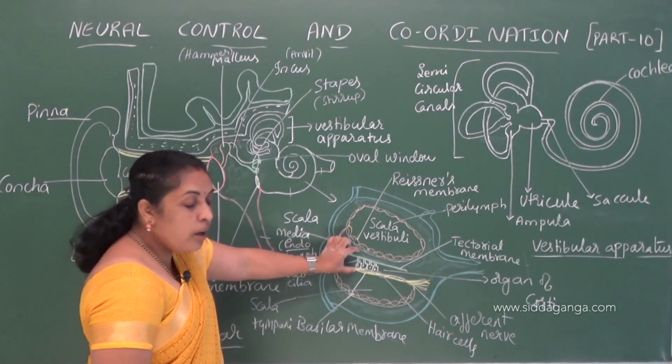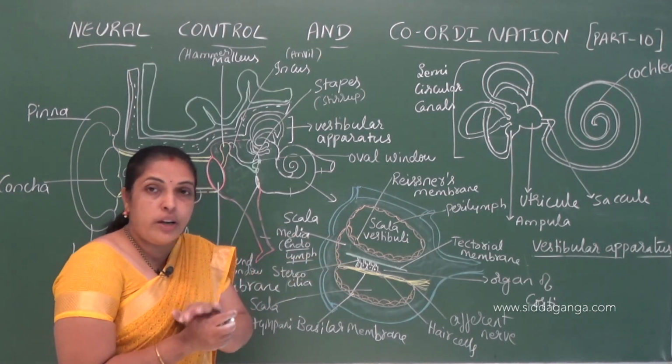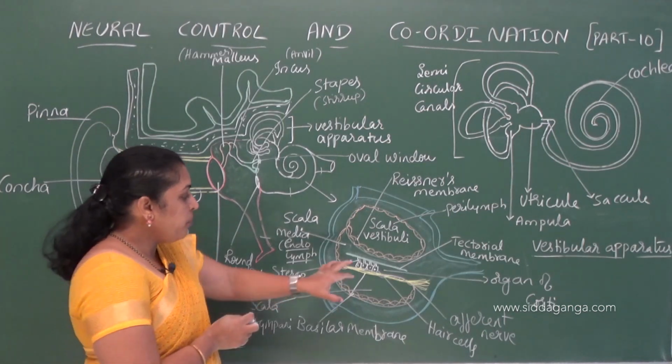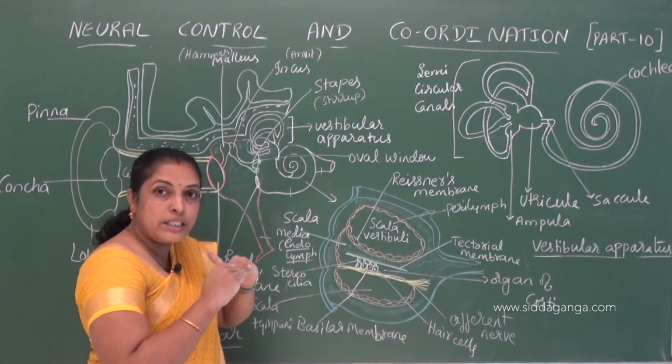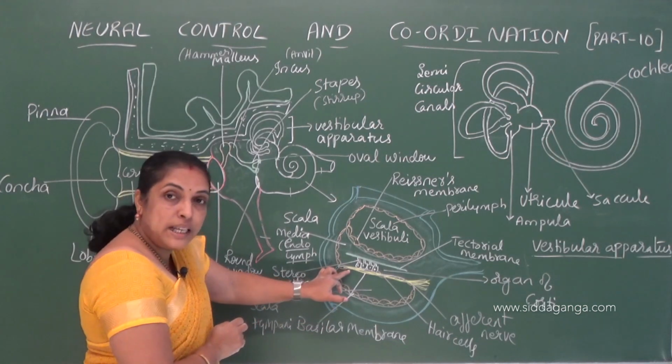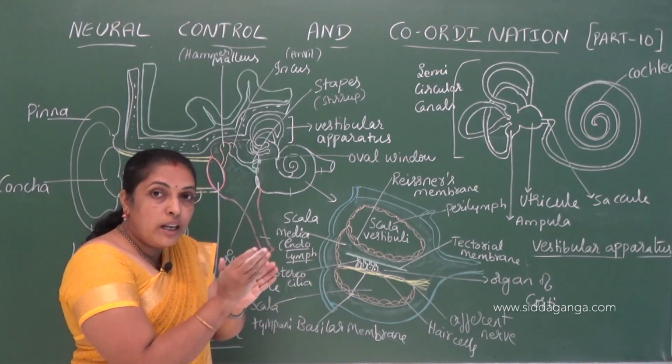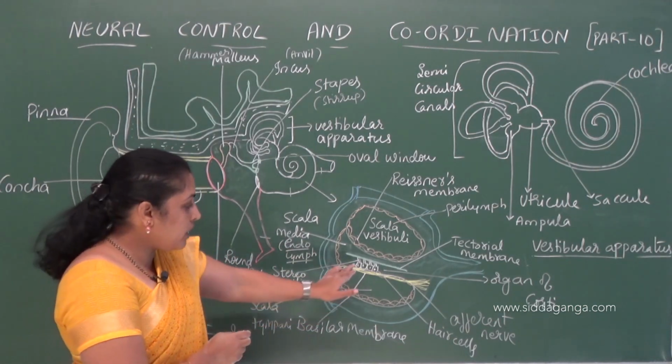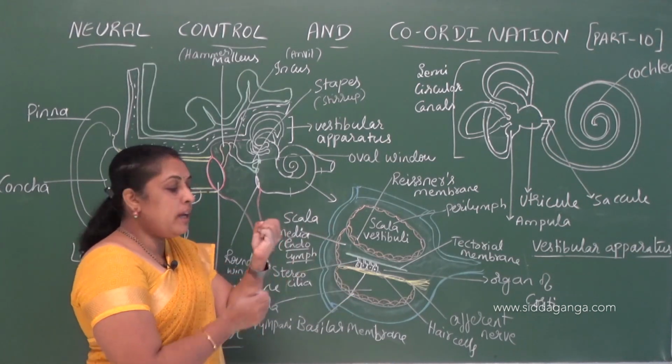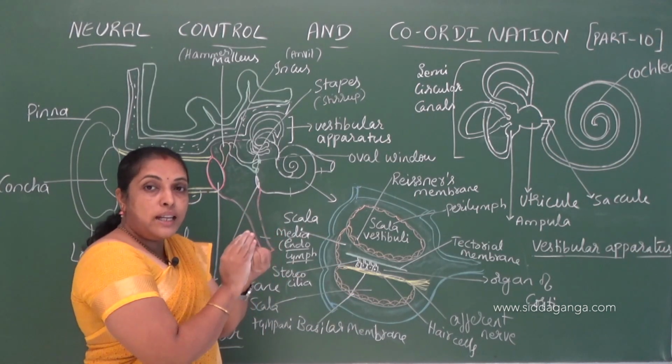The organ of Corti is a very important structure present in the scala media that lies above the basilar membrane. What does it contain? It contains hair cells.